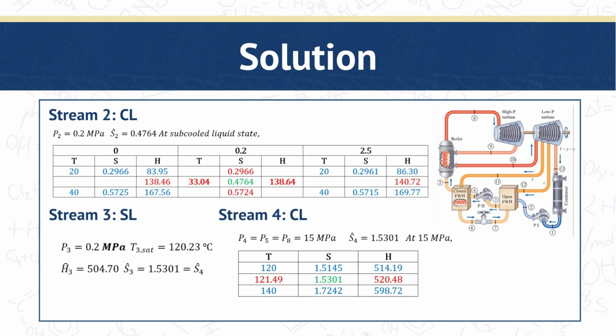So we can notice that 0.2 is not listed among the pressures in the compressed liquid table. Therefore, we need to double interpolate our values.